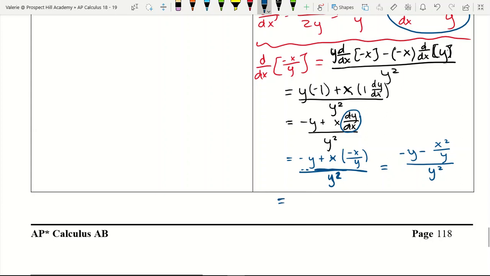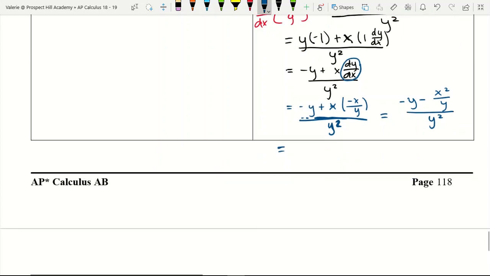So we'll have -y squared over y, minus x squared, all over y, all over y squared.